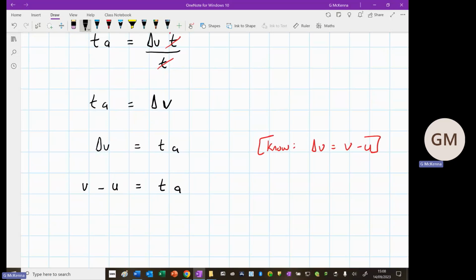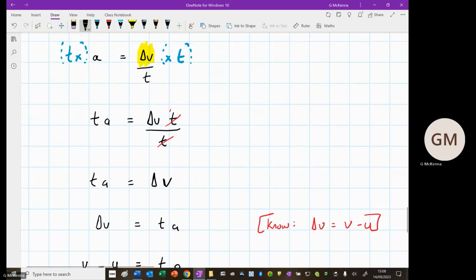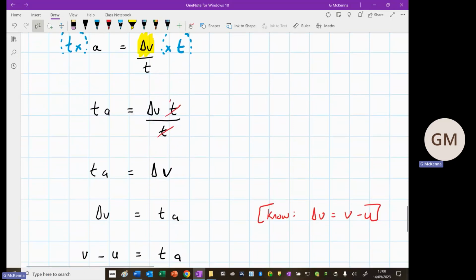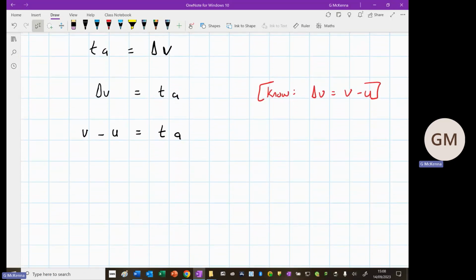All right, now let's go back up to the top to see this particular equation is looking for us to express u. So we're not quite done at the moment. We're looking to leave u on its own. Again, I wouldn't worry about this minus until the very end, and we need to eliminate this v on the left hand side.